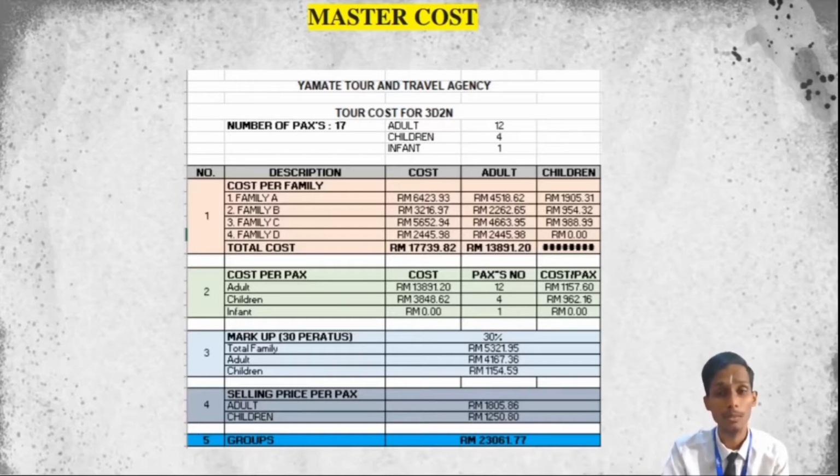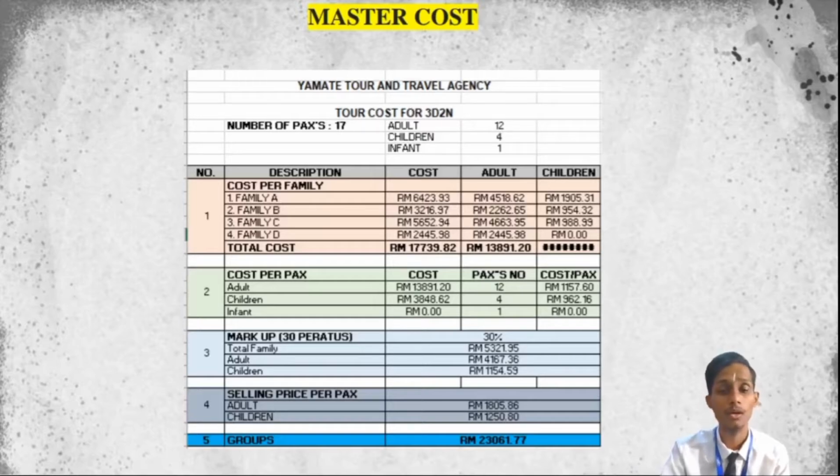Finally, for family D, the total cost is RM 2,445.98, and for the 2 adults in this family, the price is also the same as the total cost, because in this family there are no children included.